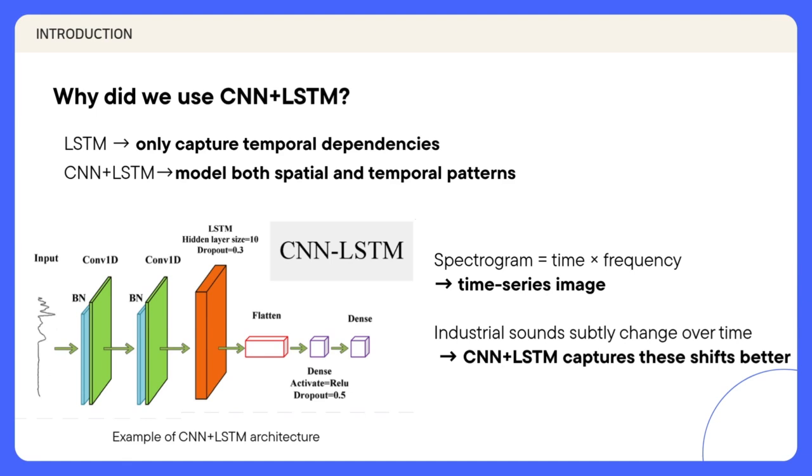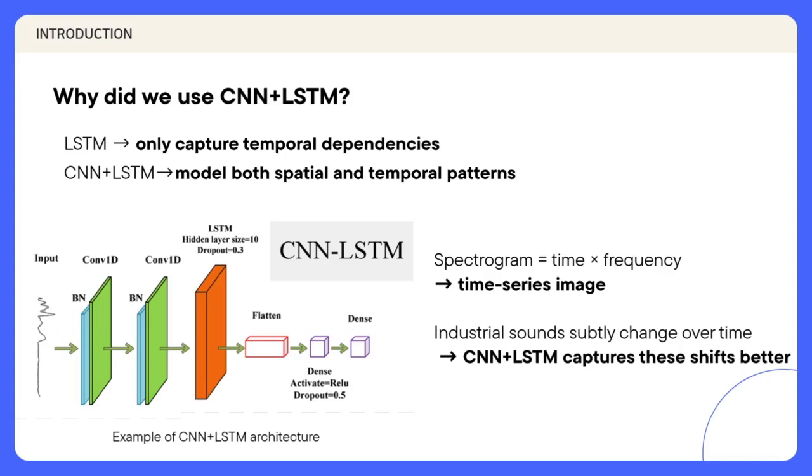In contrast, in a CNN LSTM structure, a 1D convolution layer first learns local patterns along the frequency axis. After applying batch norm and ReLU to form a feature map by frequency, that output is passed to the LSTM, which can then model how those frequency-specific features evolve over time simultaneously.